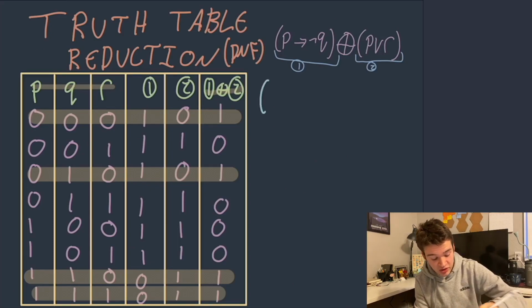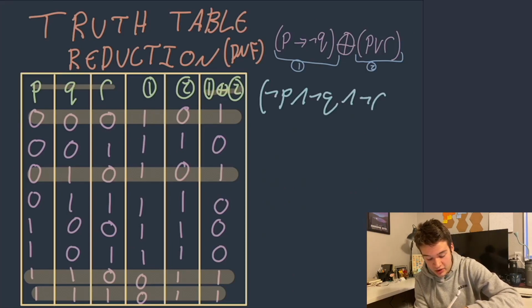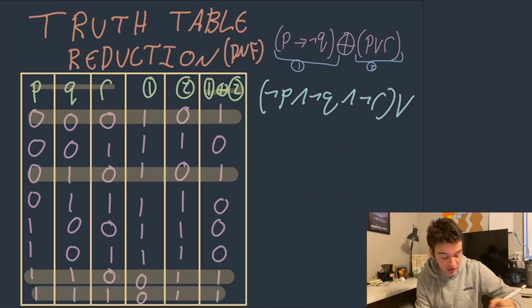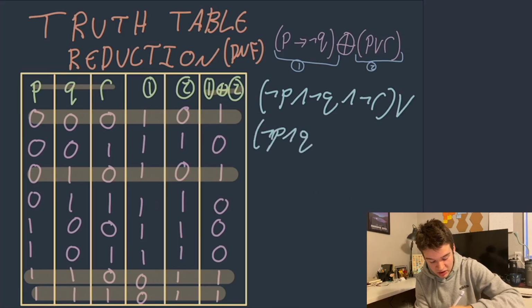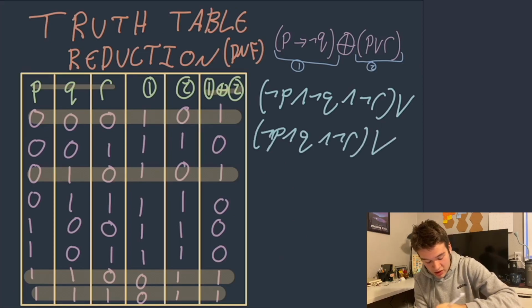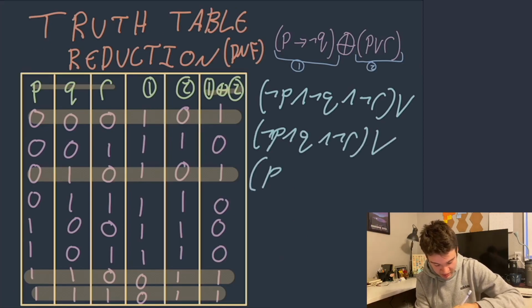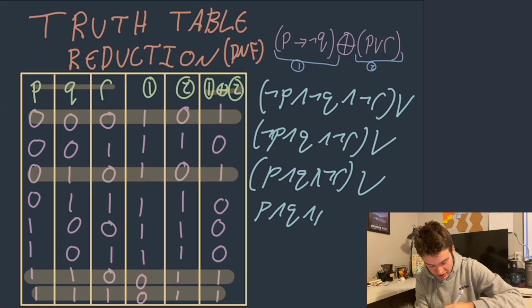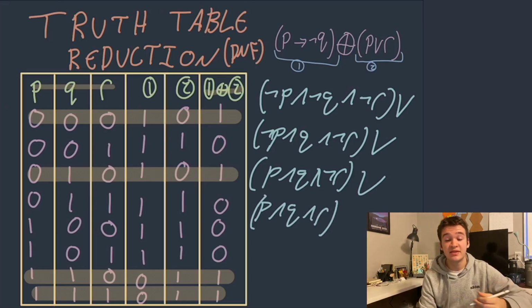So for this first one to be true, we would need not P and not Q and not R. And then another option would be this second one right here, which would give us not P and Q and not R. And then another option would be P and Q and not R. And then finally here we have P and Q and R. So this is a DNF form of this exact expression right up here by using its truth table.